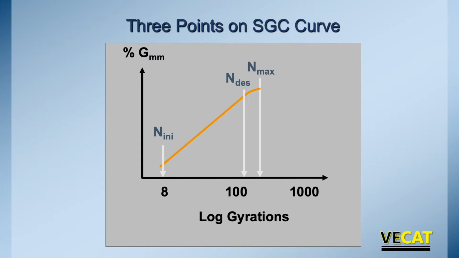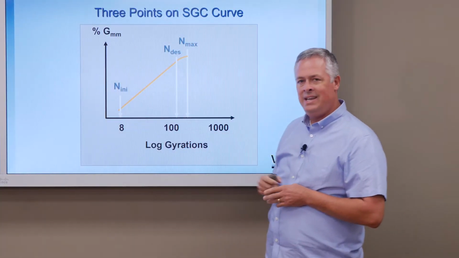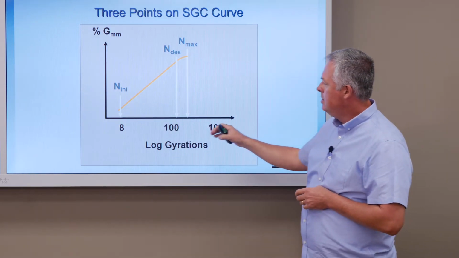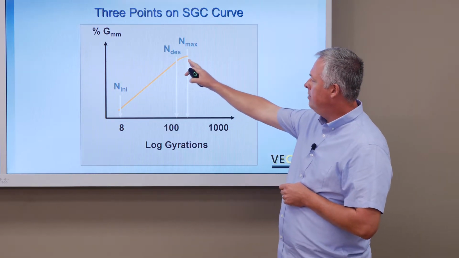Basically, this is a curve that plots density according to gyrations on the gyratory compactor. This axis here is your percent density, and this axis here is your number of gyrations. So obviously, as we have more gyrations, we're going to have greater density.